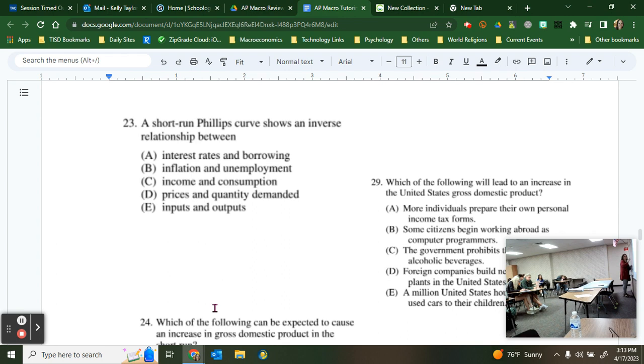When aggregate demand decreases, it's a movement down the short run Phillips curve. So by changing the color of my marker here, a point up would be demand pull inflation, while a point down here would be a recession.